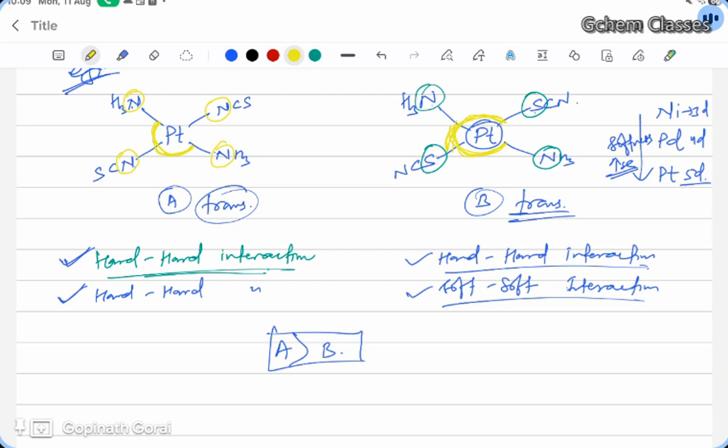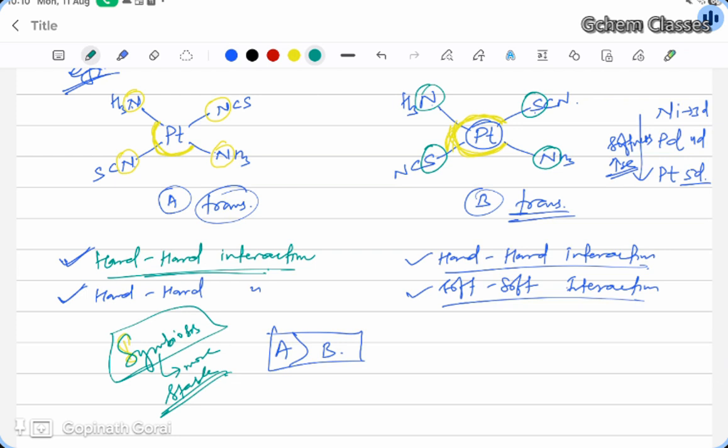Now in this case, we have to find the symbiosis one, because this is trans, right? In the trans, we have to find the symbiosis one, and symbiosis effect will give you the more stable one, right? Got it?